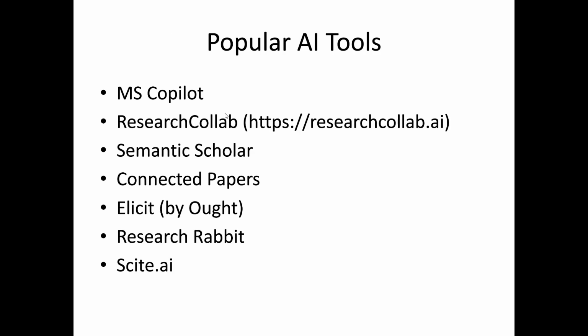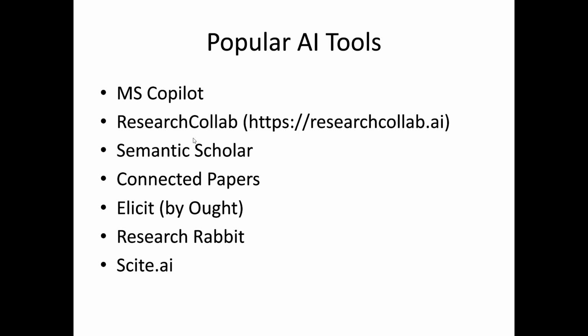So there are quite a few tools available out there. For example, MS Copilot. Okay, and I list it first, but that doesn't mean I endorse MS Copilot, simply because the case you actually bought the license for this Copilot. Okay, then the second one, the research Colab.